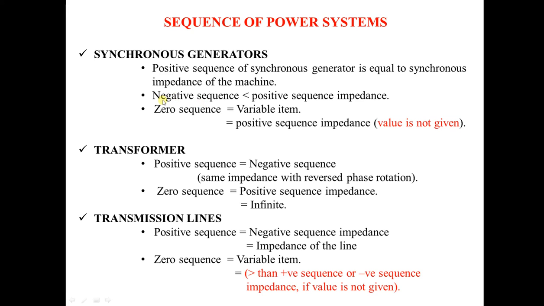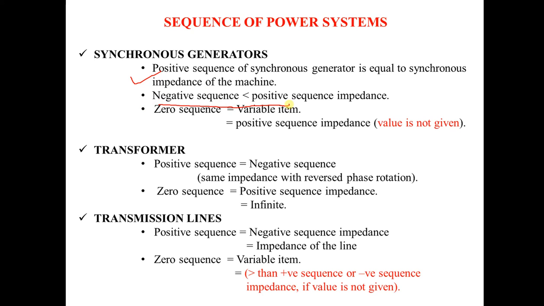For rotating machines, the positive, negative and zero sequence impedances will be different. The positive sequence impedance is equal to the synchronous impedance of the machine. For negative sequence it will be less than the positive sequence impedance.